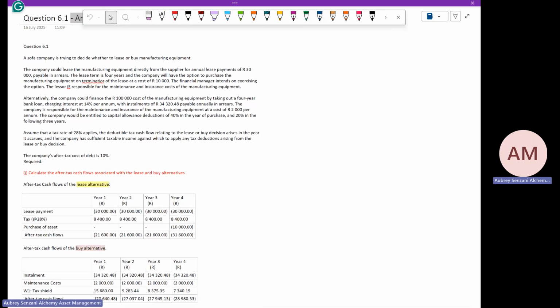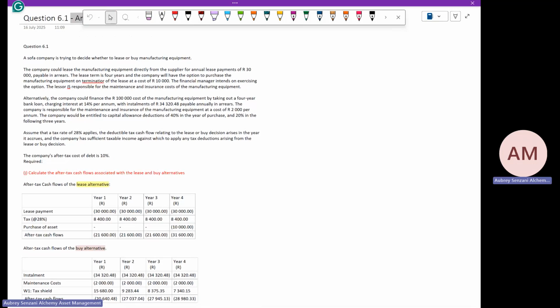A sofa company is trying to decide whether to lease or buy manufacturing equipment. The company could lease the manufacturing equipment directly from the supplier for annual lease payments of 30,000 payable in arrears.